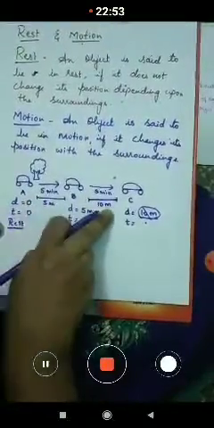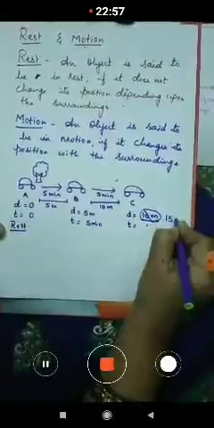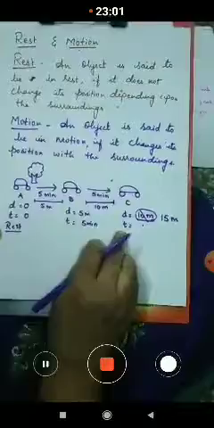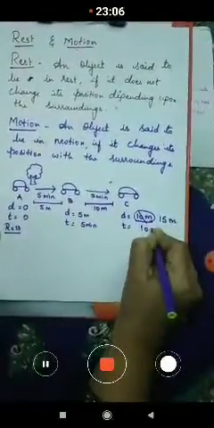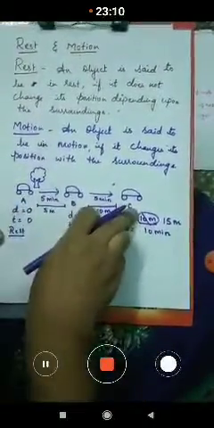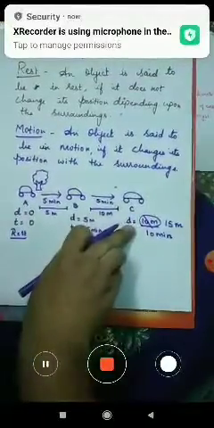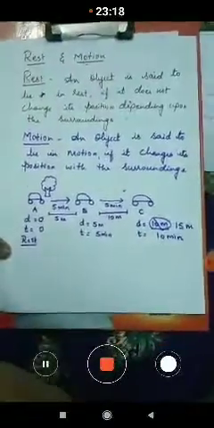So calculate here 10 plus 5. What is the total distance? It has covered 15 meters. Okay. And the time taken is 5 plus 5, 10 minutes. So from position A to position C, yes, the car has travelled a distance of 15 meters in a time of 10 minutes.